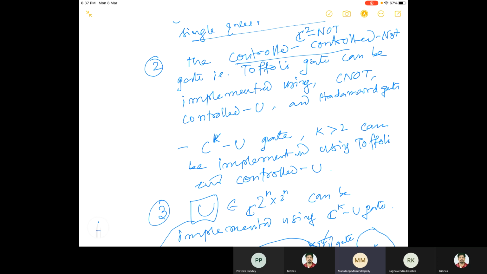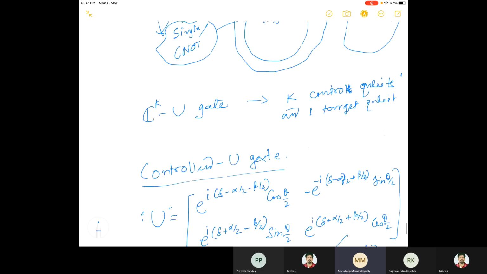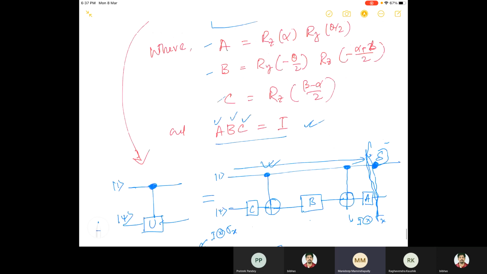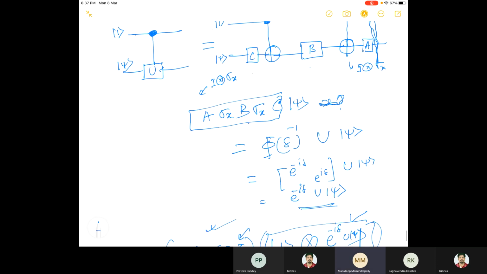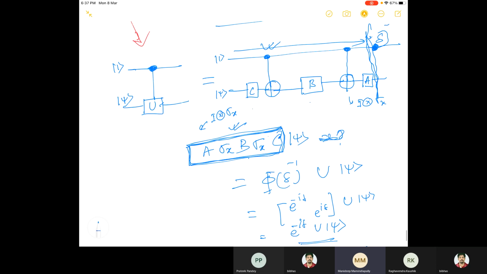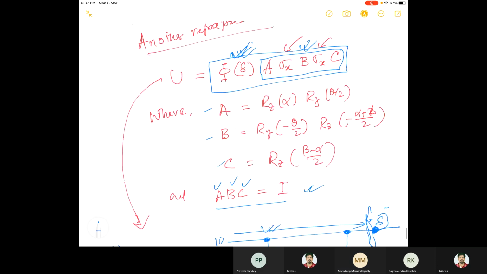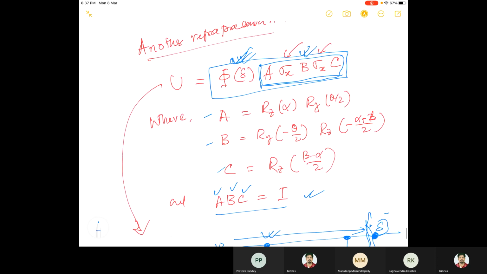In the second qubit, where is e to the power i delta coming from? Is delta a function of alpha, beta, gamma? Yes, there was delta, because of A sigma x, B sigma x, C. That is equal to, here you see, this is that part.